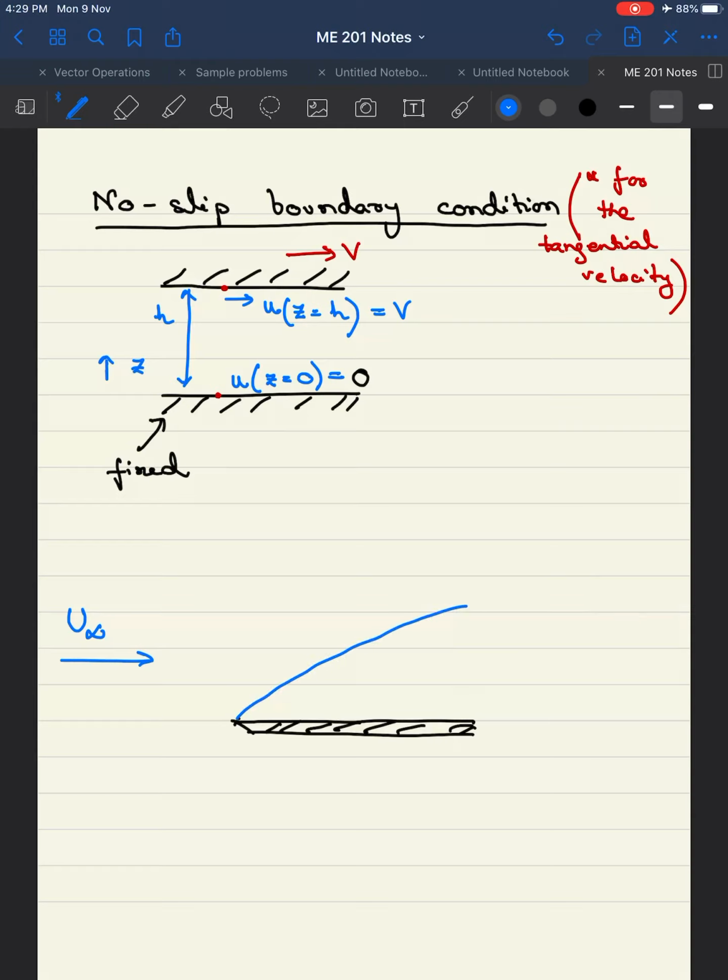Here at this non-moving wall your velocity has to be 0, and then from 0 it reaches a velocity of u infinity. This is due to the no slip condition, and the viscosity of the fluid ensures that the fluid molecules close to the wall have the same velocity as the wall.